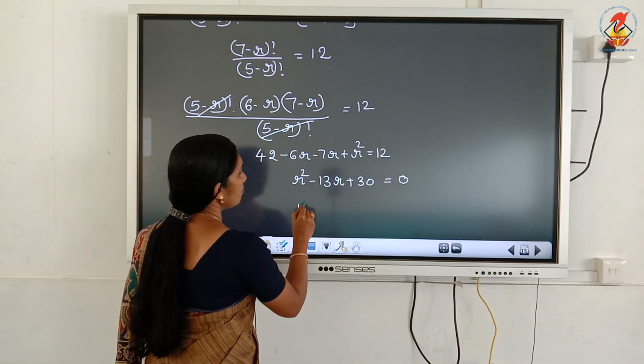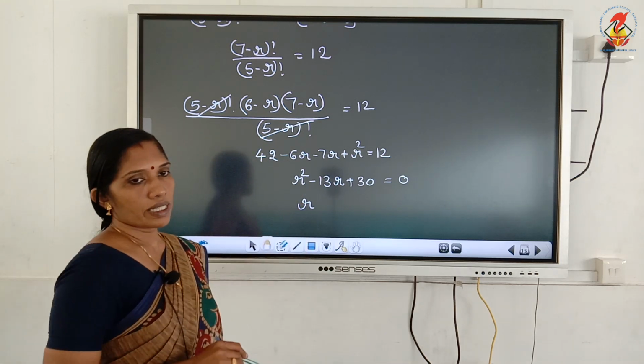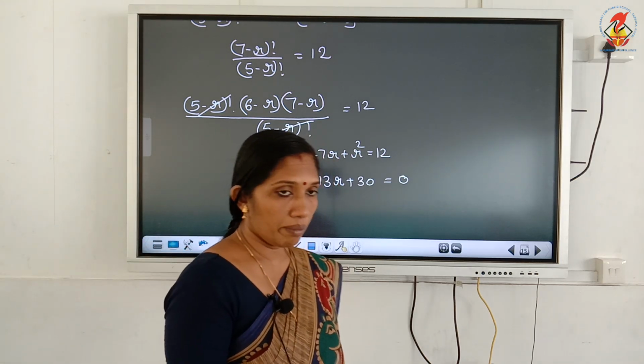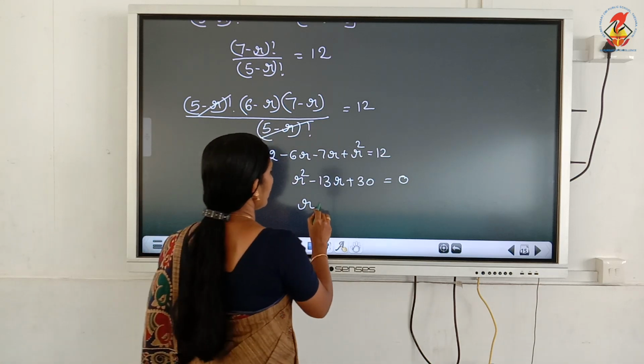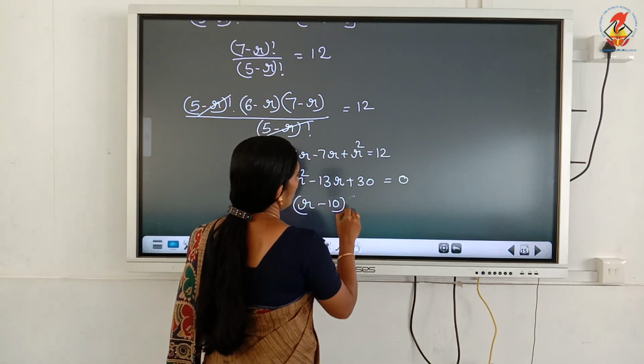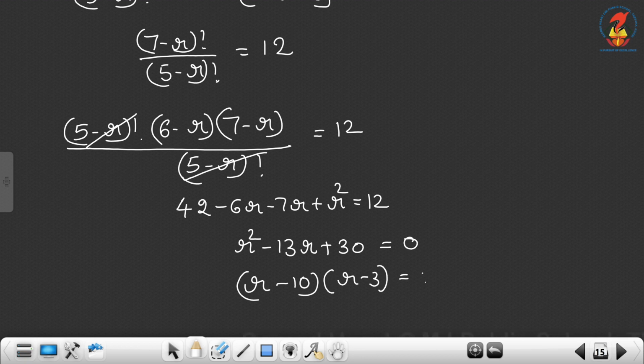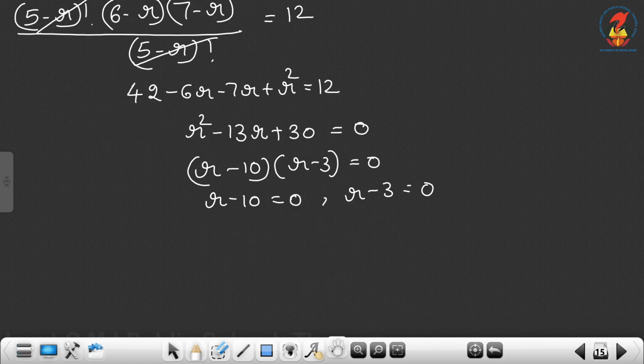Splitting the middle term, product is 30, sum is minus 13. So we can take 10 and 3, which implies r minus 10 is 0 or r minus 3 is 0. So r is equal to 10 or r is equal to 3.